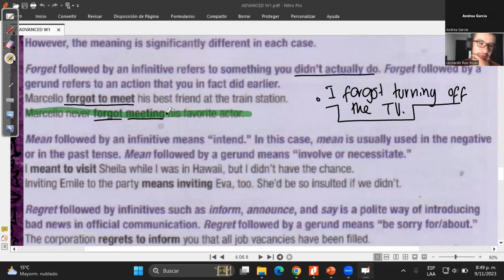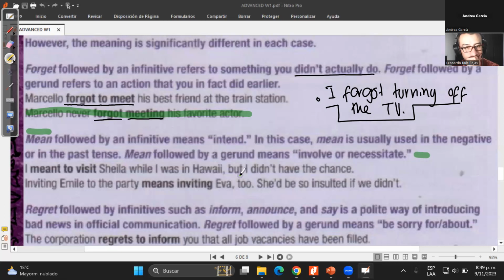Perfect. Then we have the verb mean. Mean, which means significar, but also it's talking about intentions. So do me the favor, please read the purple part again. Mean followed by an infinitive means intend. In this case, mean is usually used in negative or in the past tense.